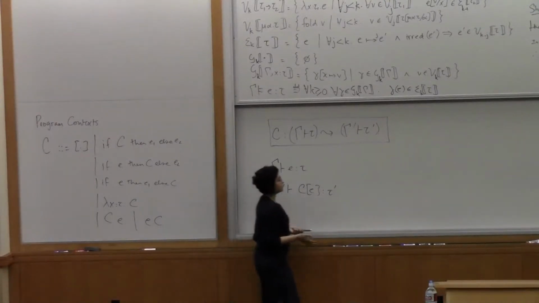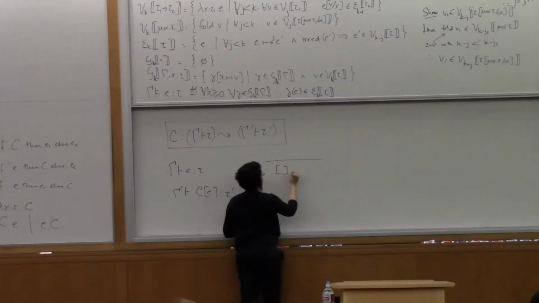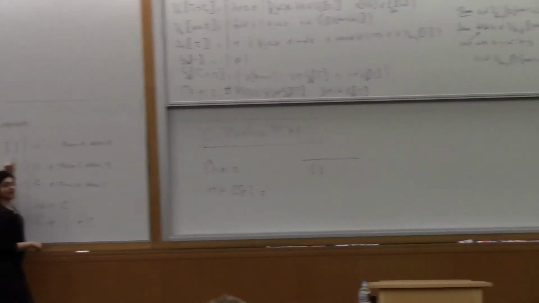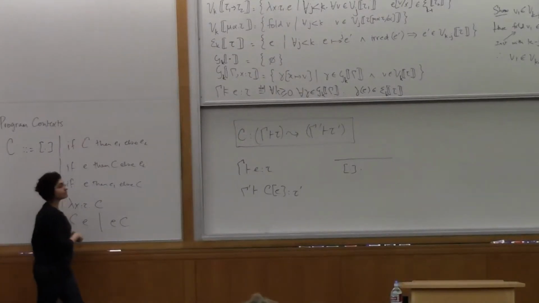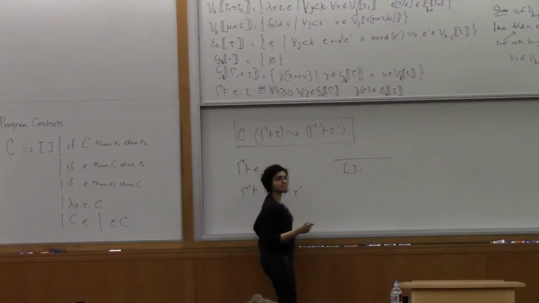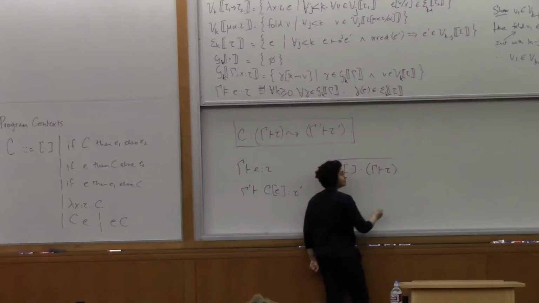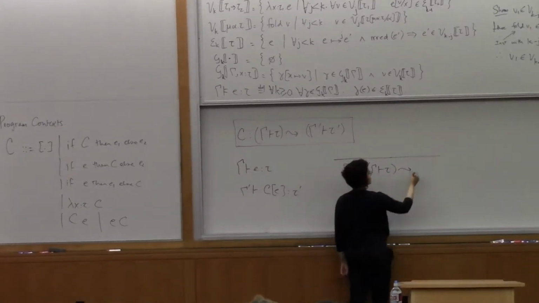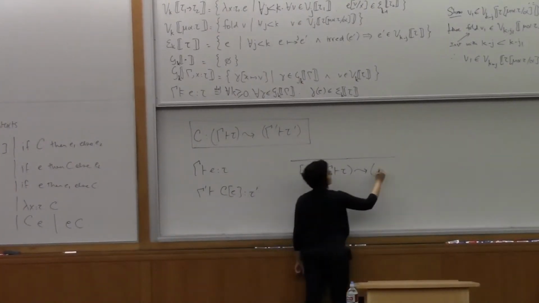So I'm not going to show you typing rules for contexts in any detail. There's only a couple that are interesting. How would you write down a typing rule for the most basic context that we have for a hole? So let's say the hole has type this. Same thing? You could do the same thing.